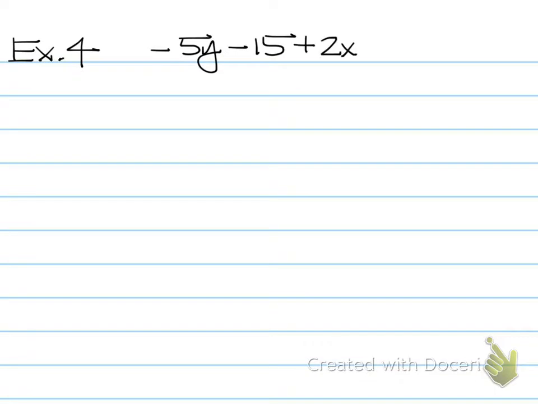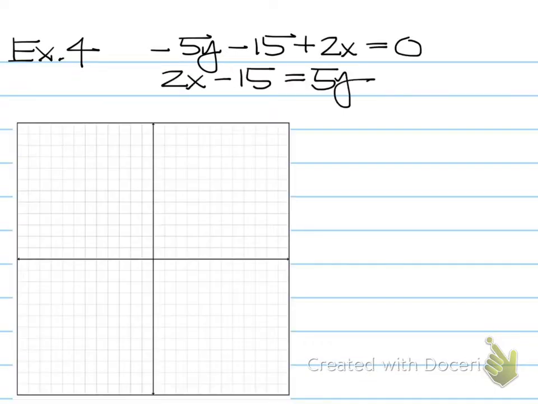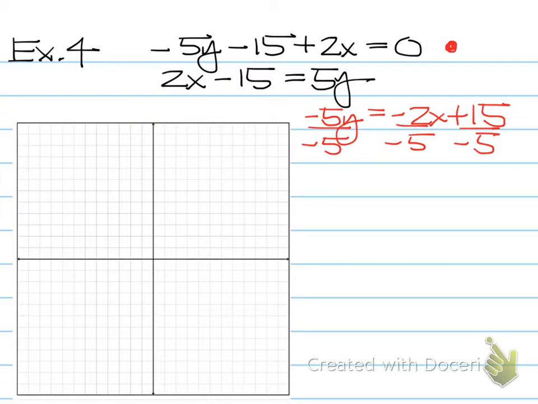In the last example, we need to put both of these equations in slope-intercept form. The first thing we want to do to get the first equation in slope-intercept form is add 15 to both sides, and then divide both sides by -5. When we do, we get y equals 2/5x minus 3.